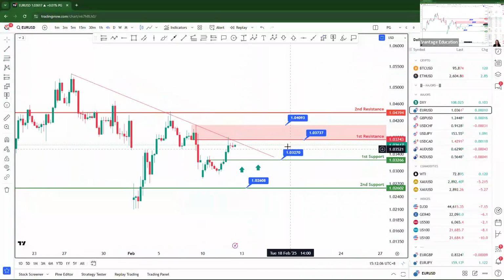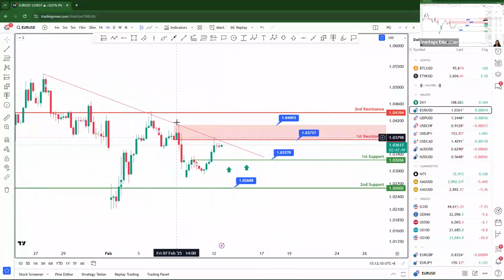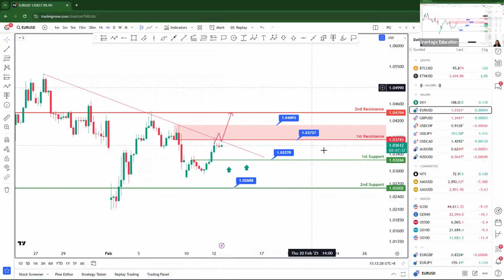For resistance, I draw from this bullish order block, which is in line with our descending trend line. So this is the zone. If price breaks above the trend line over here, it might pull back from the resistance and become your pullback support level, and then you target the next resistance.